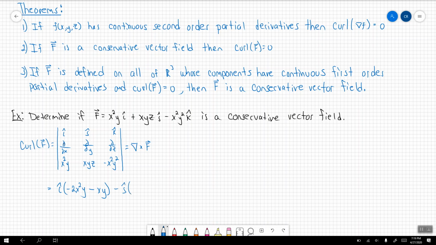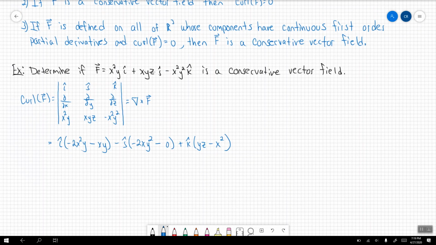In the j component, we take this partial with respect to x. That gives me negative 2xy squared, minus, that's going to be 0, because this doesn't have a z component. Next, plus the k component. The partial of this function with respect to x is just yz, minus the partial of the first function with respect to y, which should just leave us with x squared.